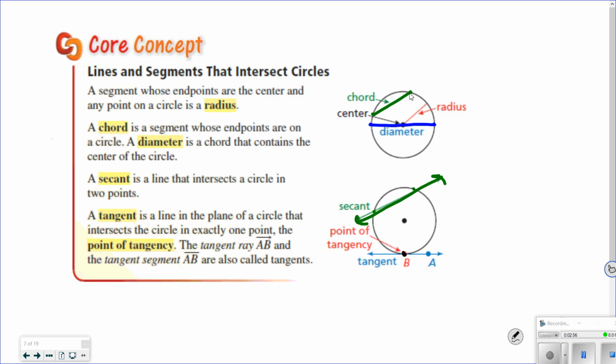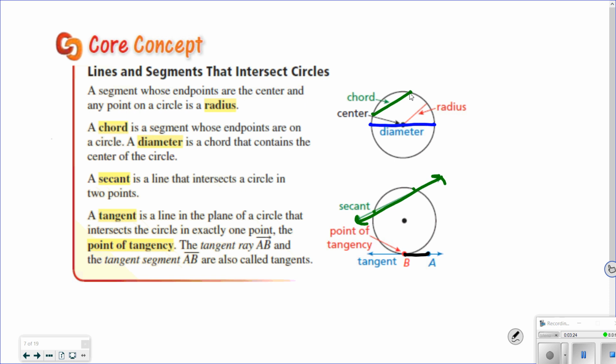It also says the tangent ray AB and the tangent segment AB are also called tangents. So even if I just look at that ray going in one direction, we still refer to that as a tangent. Or even if I have just the line segment from A to B, we still call it a tangent, referring to it as a tangent segment or tangent ray instead of a tangent line.